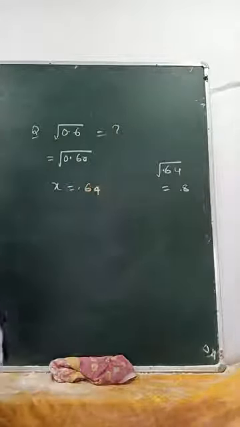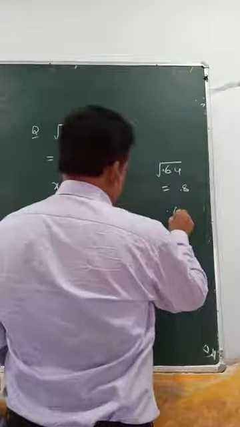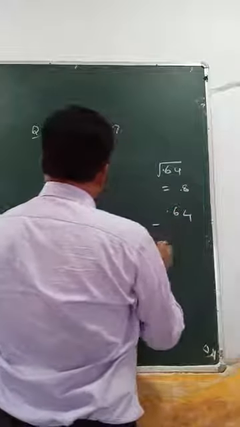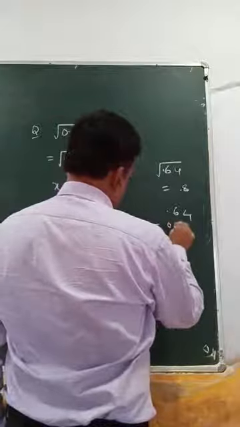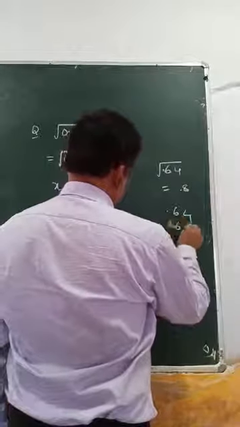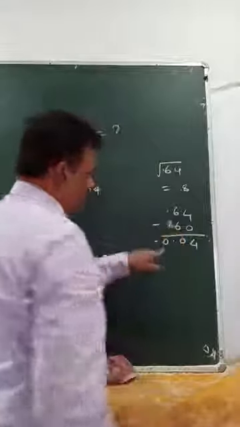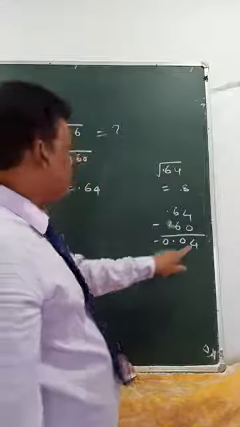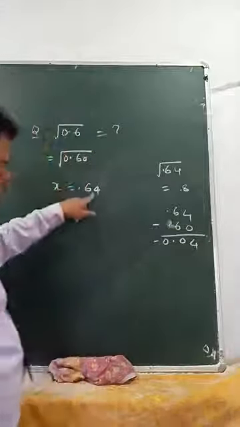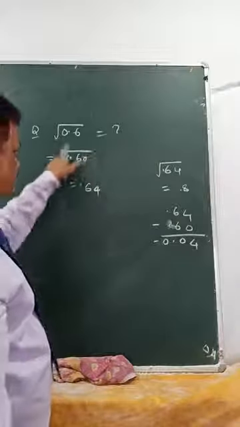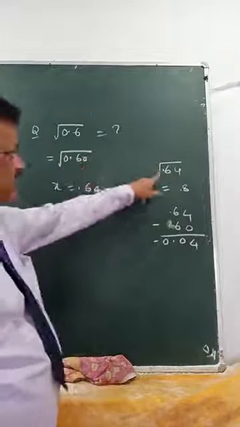0.64. So from 0.64, if you subtract 0.60, minus 0.04 you got. Why did I take 64? A closer value to this, whose square root can be determined.